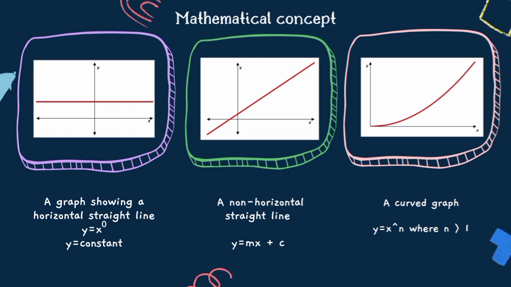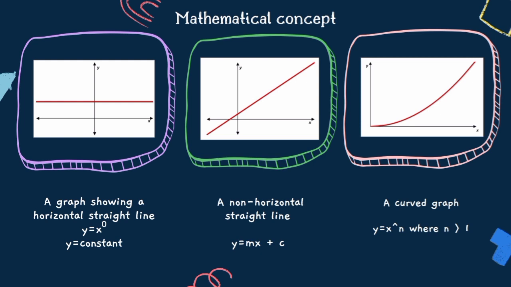In mathematical terms, this relationship can be expressed as y equals x to the power of 0, or y is constant, where the constant in question is given by the y-axis value of any point on the line.